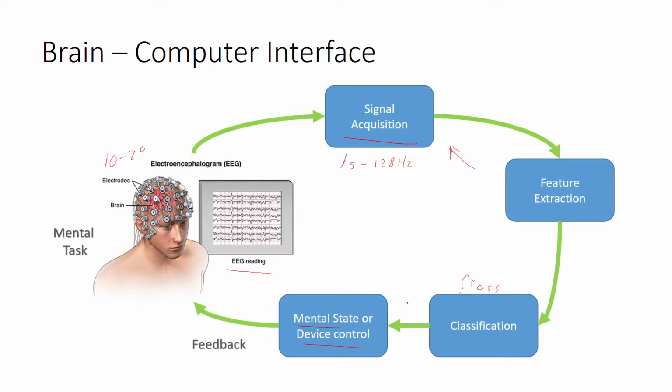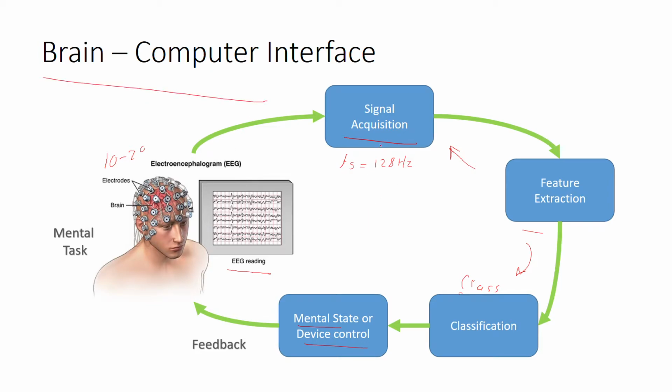So you must identify some features and then classify them in order to detect or identify this kind of mental state. This is the process of a brain-computer interface.